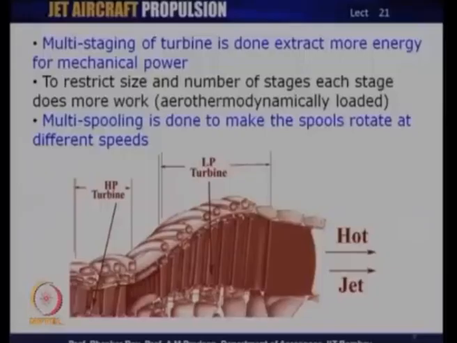One of the reasons is that it is done to extract more aggregate energy or mechanical power, which is needed either to run the compressor or to run a fan or a number of stages of fan, whatever the engine configuration is, and as a result the turbines are required to produce more work to be supplied to the compressor or a fan or a combination of compressors and fans.